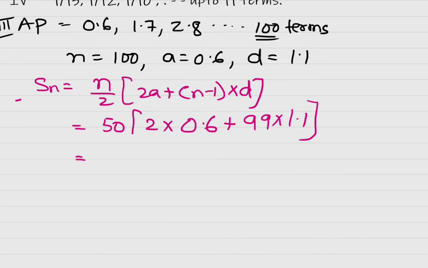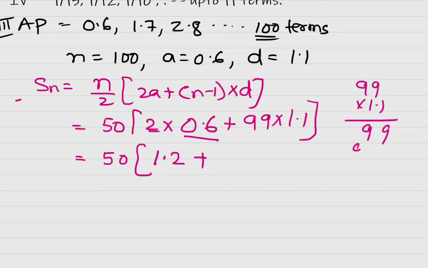Come on children, after this what you will get? 50 into, 2 into 0.6 will give you, 2 sixes are 12, so that will be 1.2, plus now 99 into 1.1. How much is 99 into 1.1? That will give you 108.9.